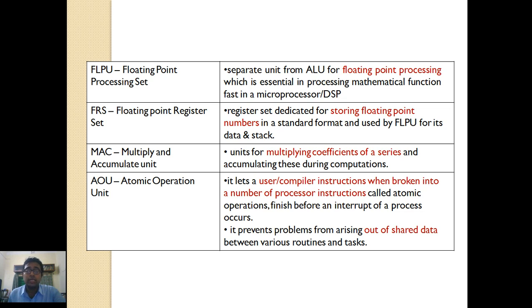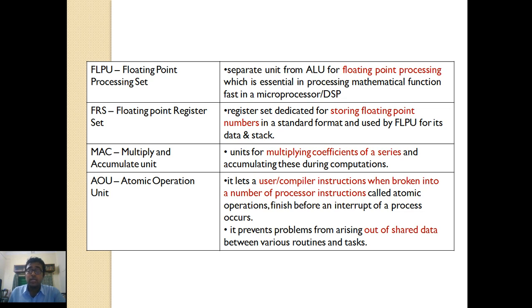Atomic operation unit. Atomic means singularity; that's how you have to understand it. It lets a user or compiler instruction, when broken into a number of processor instructions called atomic operations, finish before an interrupt of a process occurs.